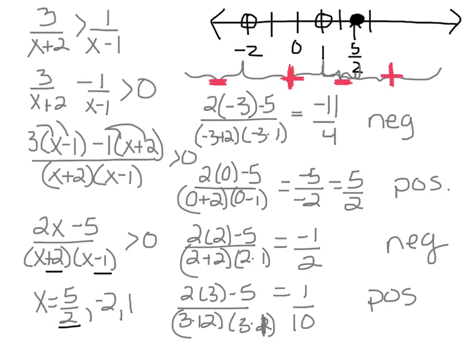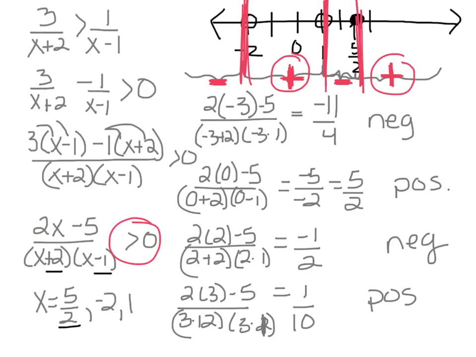So we don't actually have to know what the graph looks like. We can just test different parts of it. And now, since we were finding greater than 0, we want the positive regions. So our final answer is going to be that x is between -2 and 1 and greater than 5/2.